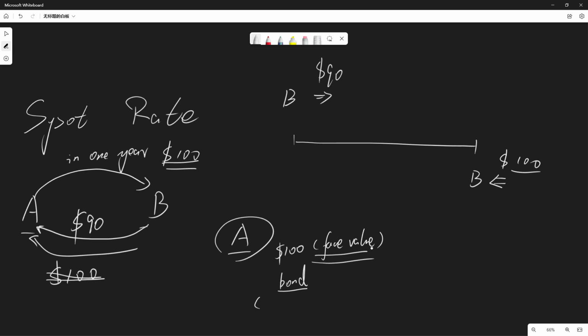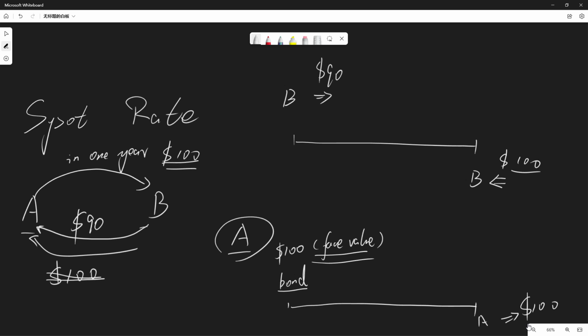This bond is pretty interesting because it never pays interest, it never pays coupon. So during this 1 year period, this bond never needs to make any kind of payment. And in 1 year, A will pay $100 to whoever the bondholder is.